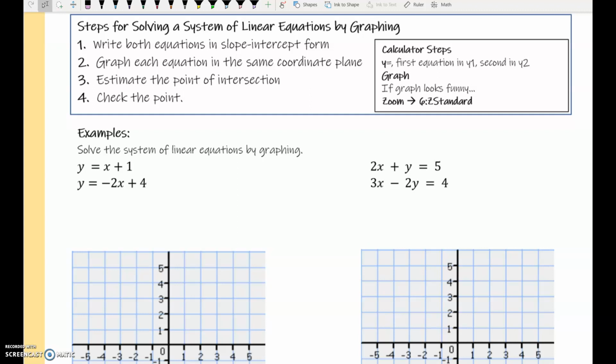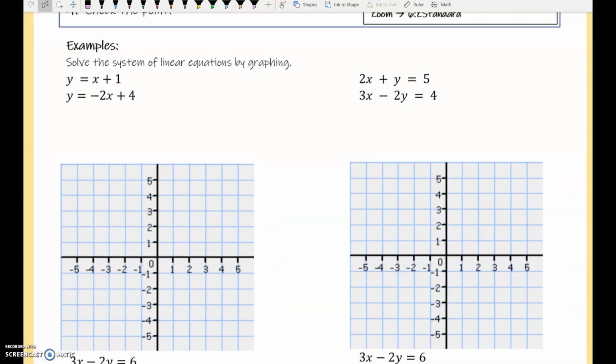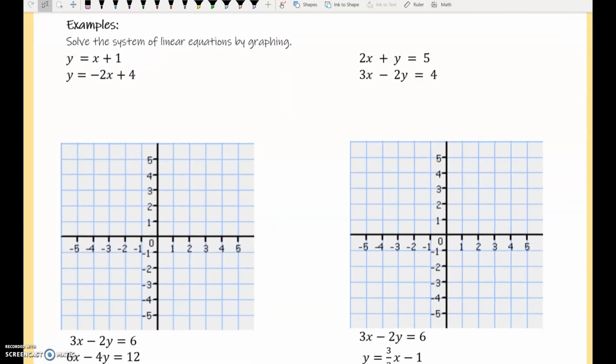The negatives of graphing are, if you don't use a nice straight edge, it might be hard to find the exact point where the lines meet. If you are not super accurate in your graphing, it might be difficult to find where they meet. And then some systems just don't have solutions that are easy to find on a graph.